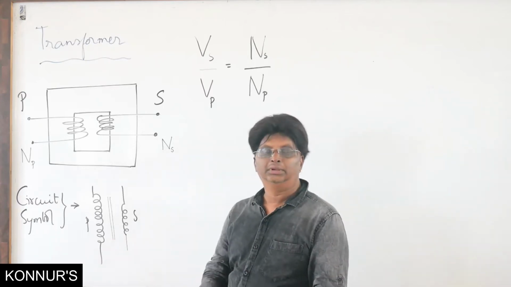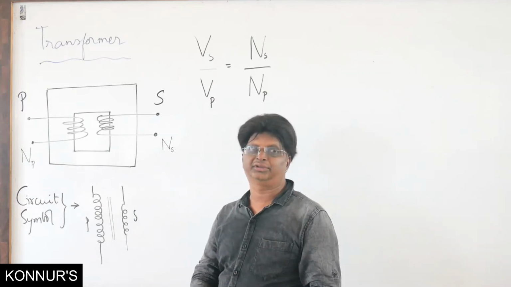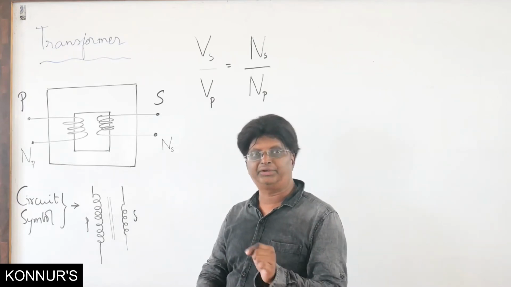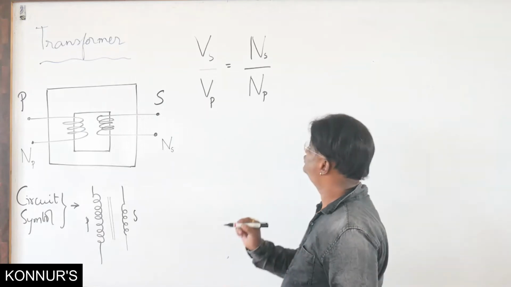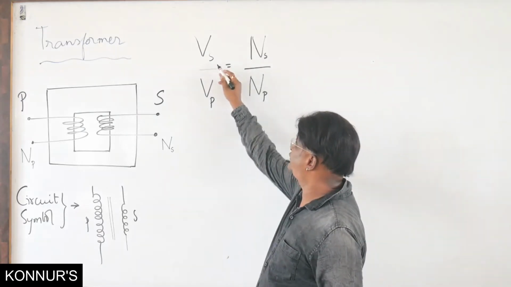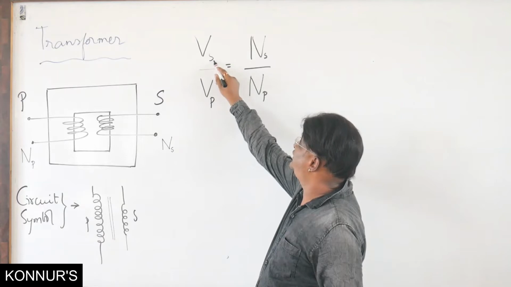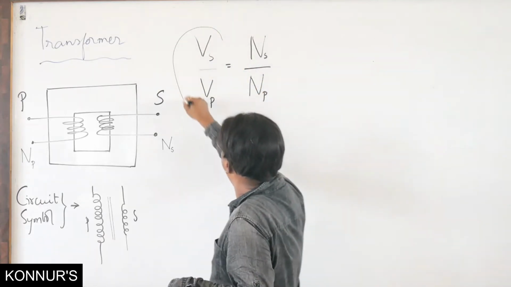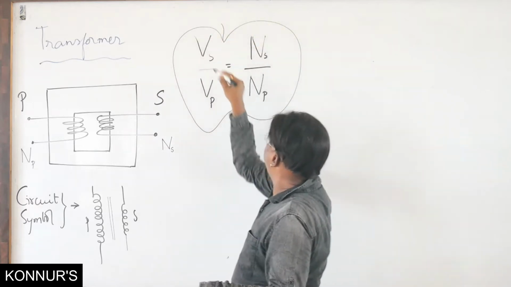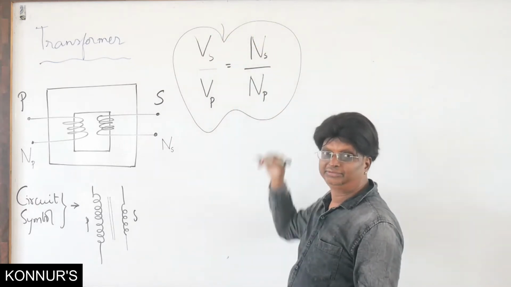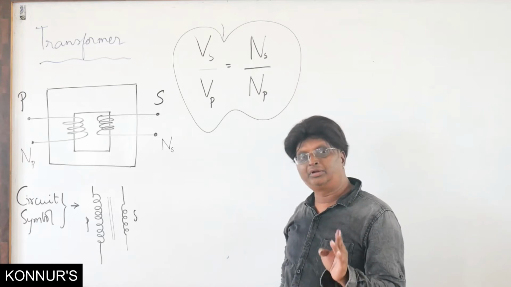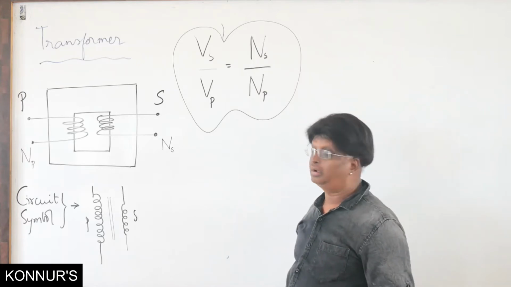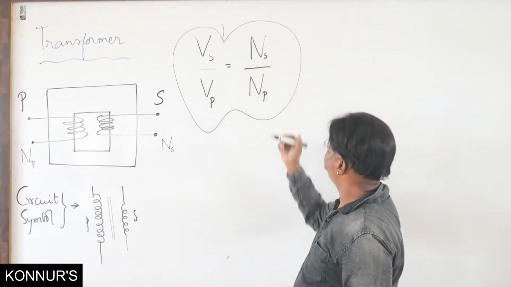Now, based on mutual induction, the big expression that is the principle used for the transformer is Vs by Vp, the voltage in the secondary to the voltage in the primary, as the ratio Ns upon Np, the number of turns. It is not the number of turns per unit length, remember, it is the total number of turns.